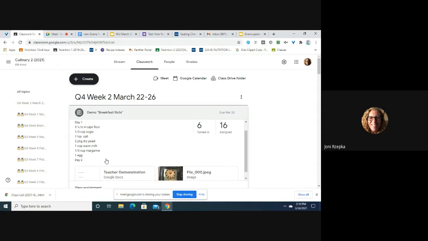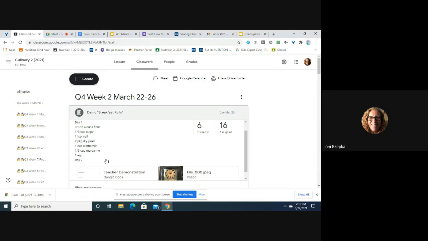So what you do when you make breakfast rolls is you're going to start with 2 cups of flour at first, and you're going to put them in your bowl. And then you're going to add a 1/3 cup of the sugar and a teaspoon of salt. And then the 2 packages of yeast.